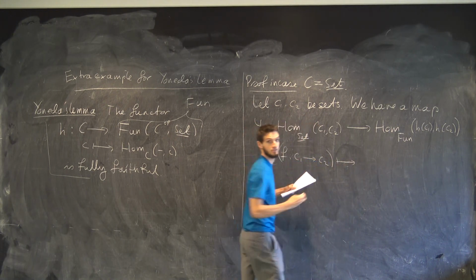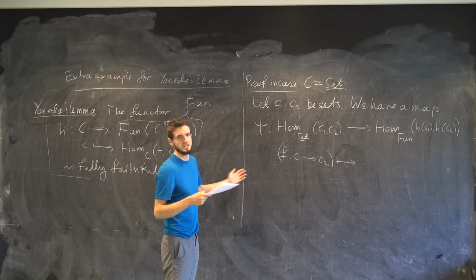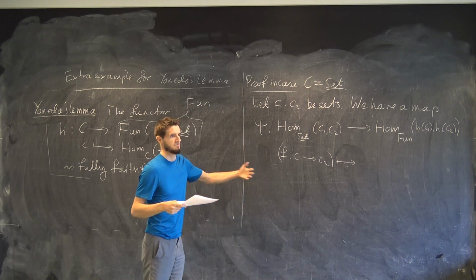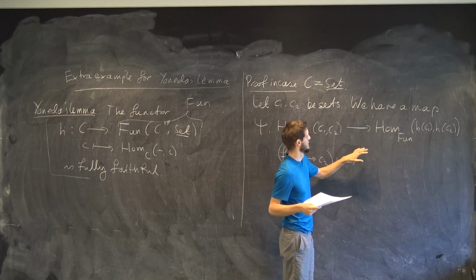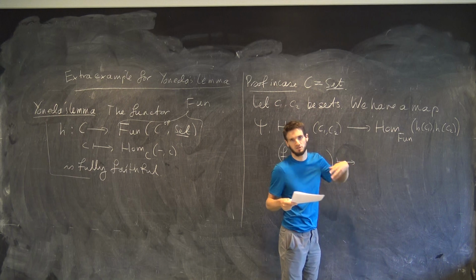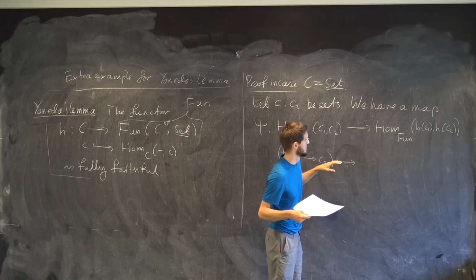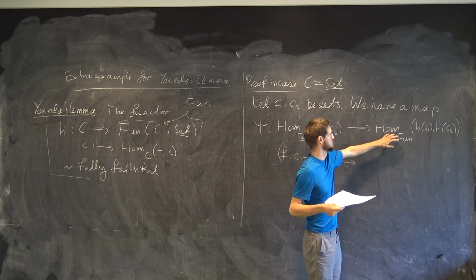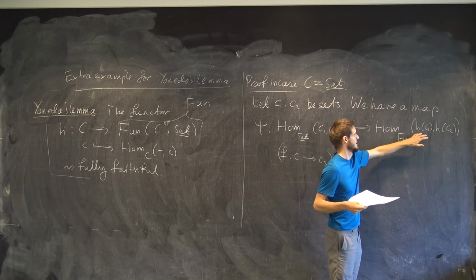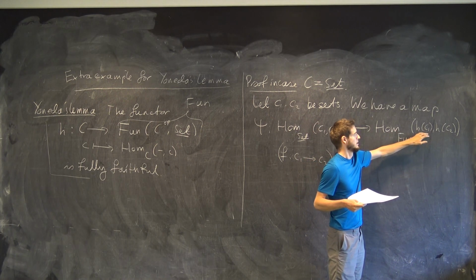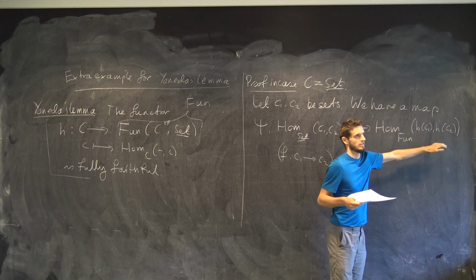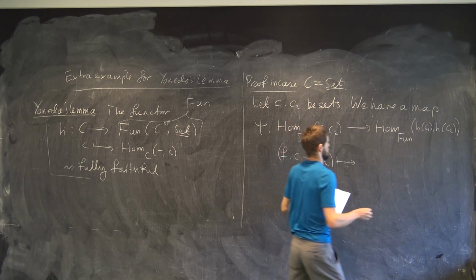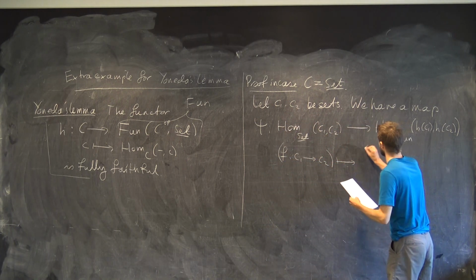Then it's going to get sent to a natural transformation. Notation for natural transformations is always a bit hard to write down because remember, there's a lot of data in a natural transformation. For every object of Set op, which is like an element of Set, I'm supposed to give a map from H of C1 of that set to H of C2 of that set. This is kind of clumsy notation, but let's try to write something down.